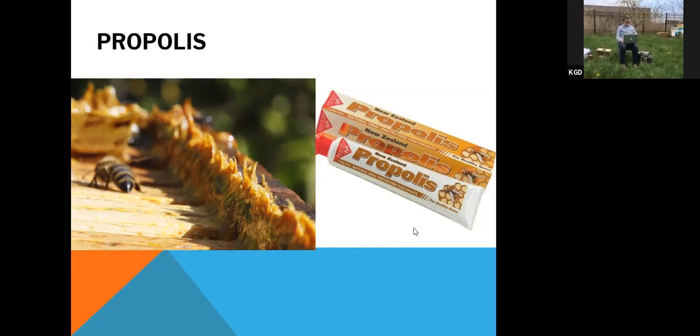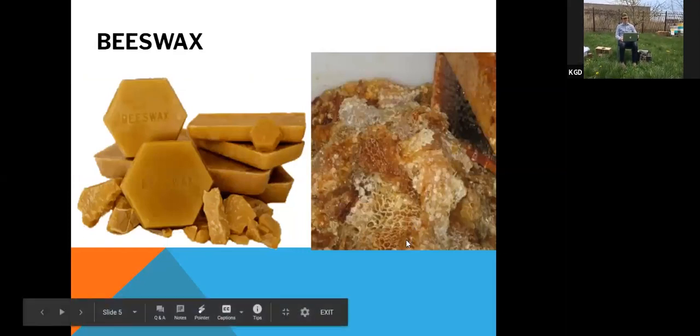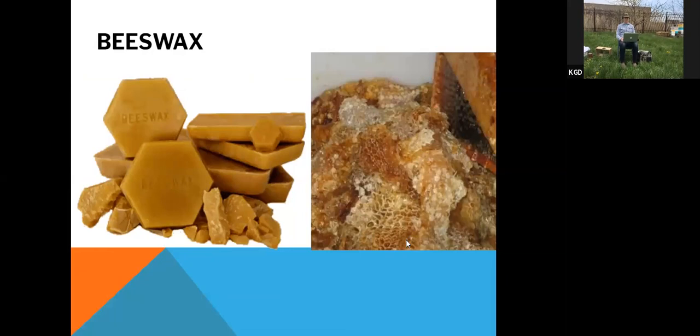Next, moving on, is beeswax. Beeswax can be processed out of spent comb after you've extracted the honey, and used for making everything from candles to products like lip balms and salves.